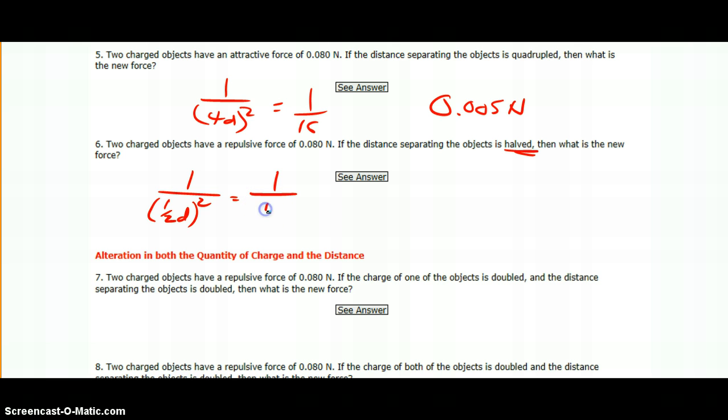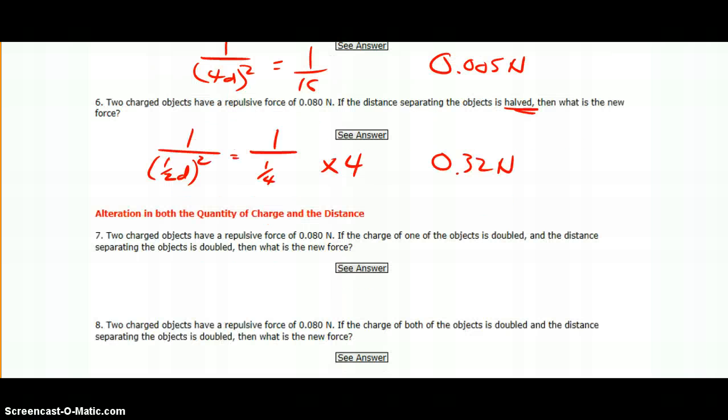That's 1 over 1/4, and dividing by 1/4 is exactly the same as multiplying by 4. So it's going to be 4 times more than it was. So we'll be back up to a large number, 0.32. Same impact as doubling both of the charges.